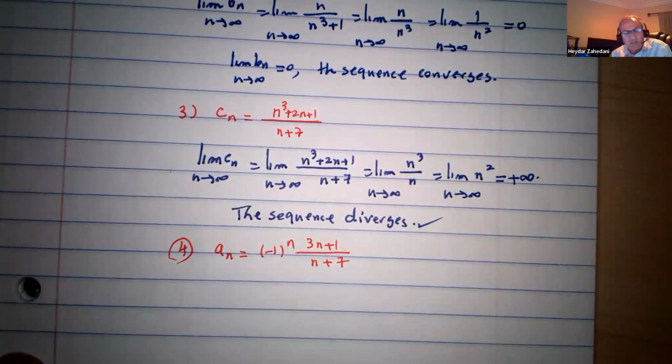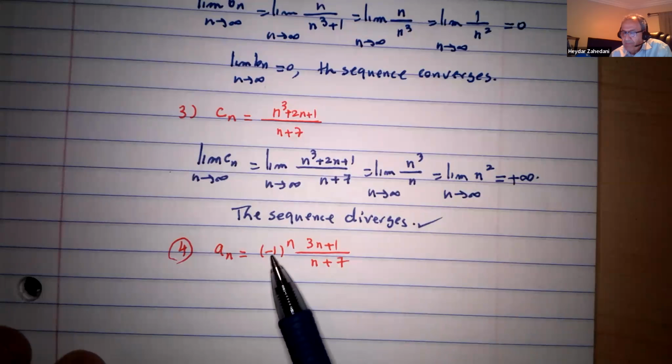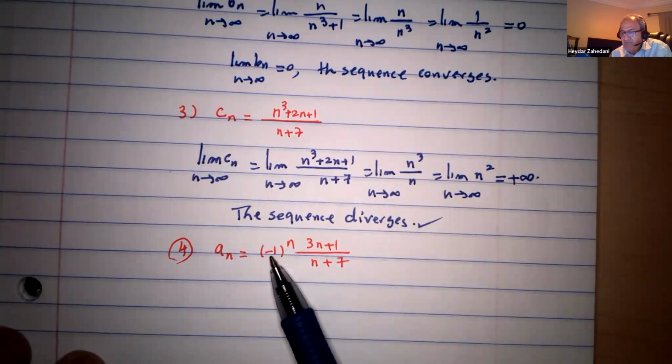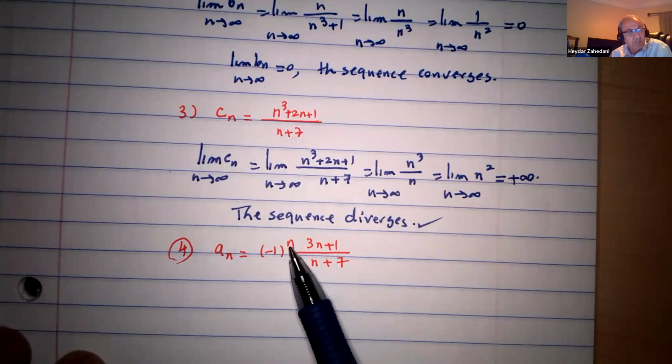So for the odd numbers and the even numbers, that gives you two different values. When you want to find the limit of this sequence, you have to be careful. So you have to break it into two parts: one when n is even, where (-1)^n would be +1, and one when n is an odd number.